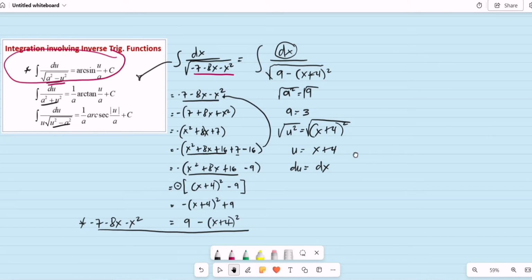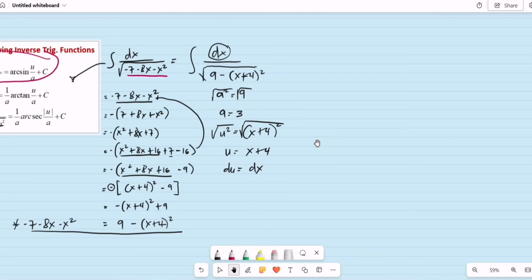Now this is in the form of the integral of du divided by the square root of a squared minus u squared, which is equal to the arcsine of u divided by a plus the constant c.